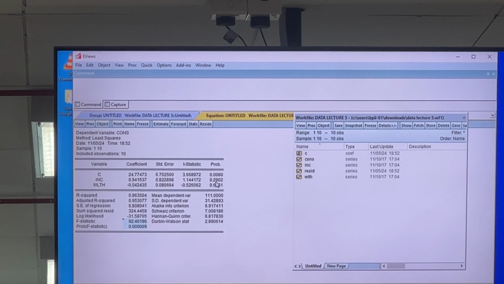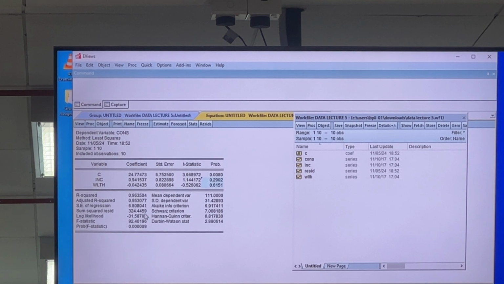But when you compare to this one, it is inconsistent, right? Because here both are insignificant, but the F test says at least one should be significant. So you have a contradictory conclusion between the F test statistic and the individual testing using the t-test.